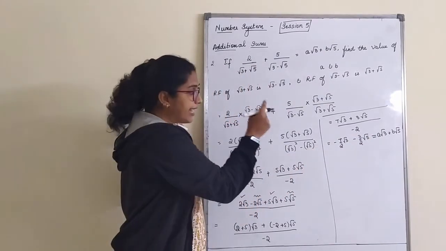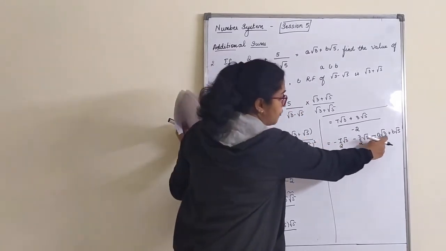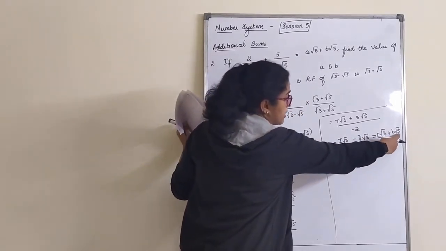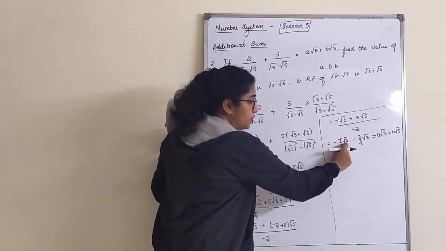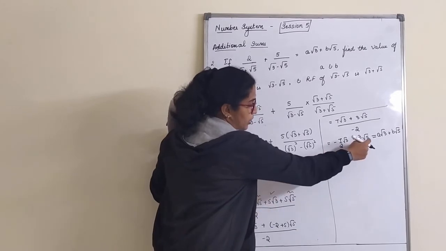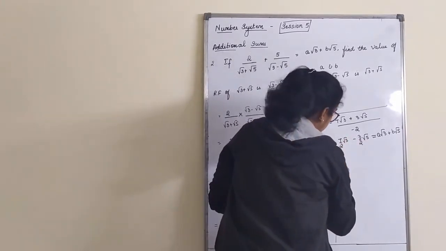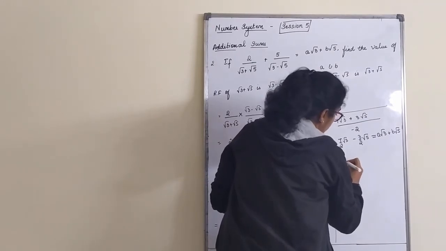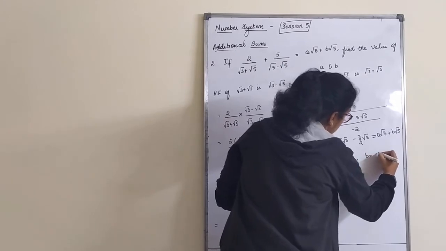Again, it's in the form of root 3 and root 5 only. What is the coefficient of root 3 here? A. What is the coefficient of root 5? B. What is the coefficient of root 3 here? Minus 7 by 2. Coefficient of root 5? Minus 3 by 2. Therefore, what is your A value? Minus 7 by 2. What is your B value?